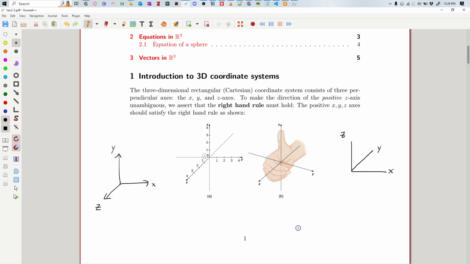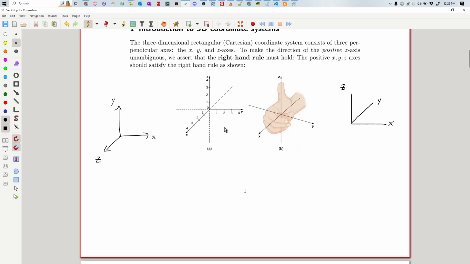That also satisfies the right-hand rule. But it's not what this textbook uses, and I don't know if any textbook uses this way. I think most textbooks prefer drawing things in this format, so I will be doing that as well. But one thing in common, notice, is that z is typically facing up. It's usually pointed up, and x and y are flat.